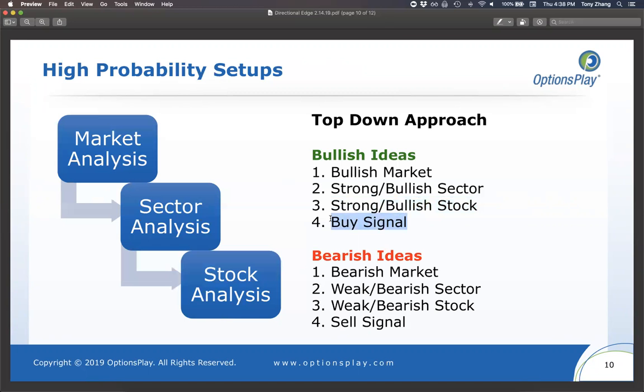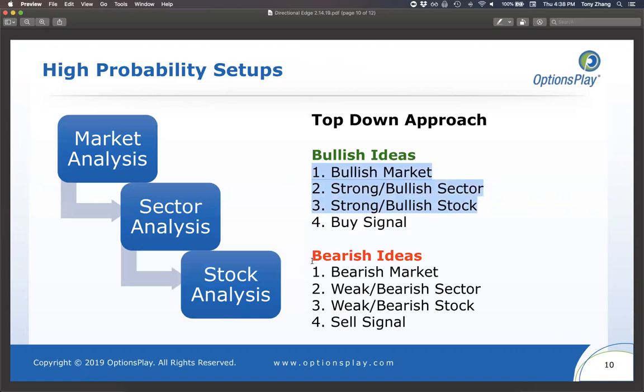We use technical analysis to generate our buy signals, but from my perspective, it doesn't matter how you go about generating your buy signals, whether it's fundamental, whether it's statistical, whether it's technical. As long as you have the other 3 lined up, you are putting yourself in a higher probability category for that candidate.